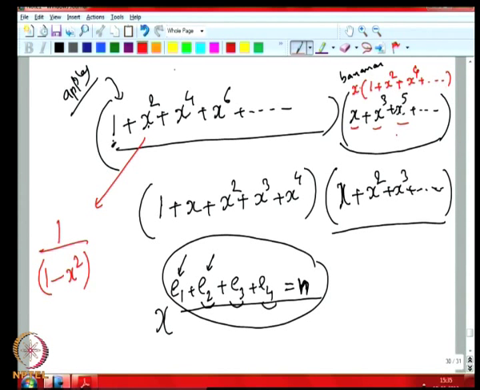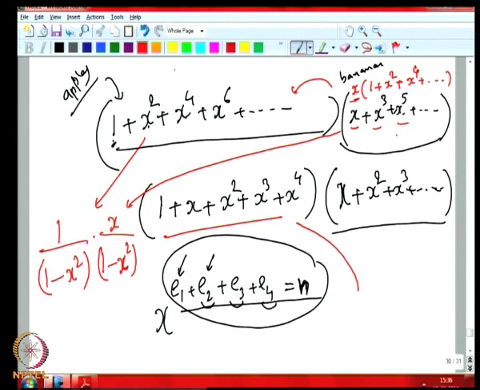You see, other than x, the remaining is the same as the first term. So the second term is actually x by 1 minus x square, x instead of 1 because there is a multiplier x here. And this we already know, this is x raised to 5 minus 1 by 1 minus x, that is, 1 minus x raised to 5 by 1 minus x, right.